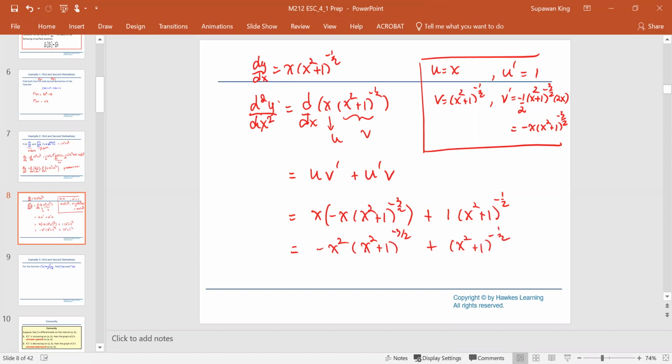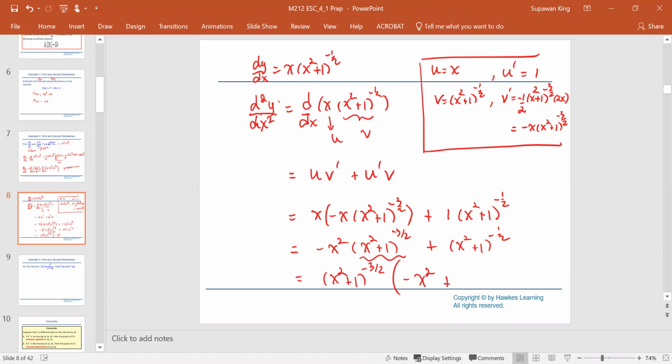As we see the common factor x squared plus 1, but raised to the power negative 3/2 and negative 1/2, we're going to factor out the lowest power, which is negative 3/2. So x squared plus 1 to the power negative 3/2, leave the first term as negative x squared.